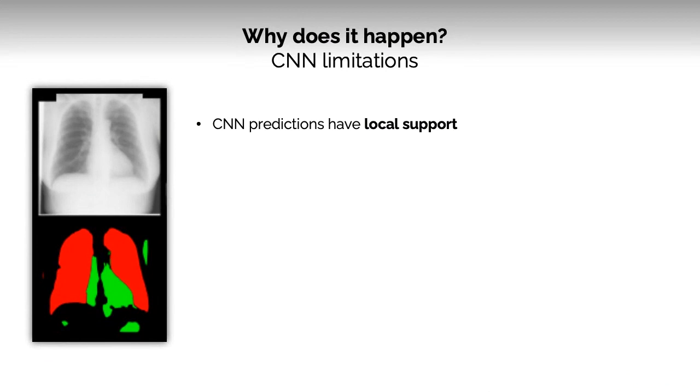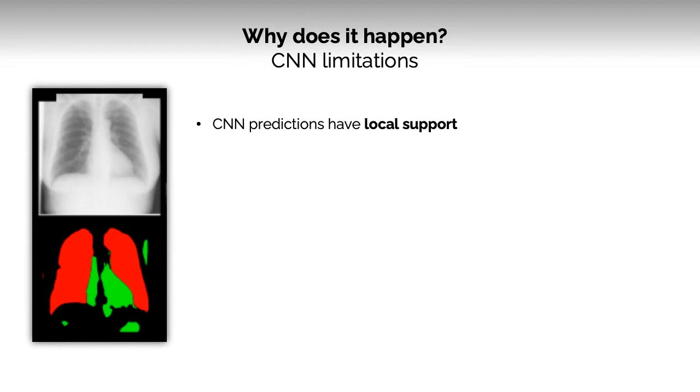When I have the prediction for a certain pixel in the image, the area of the input image that affects that output is what we call the receptive field of this last neuron at the end of the day, and it's local. And that's a property of the convolution, basically. It means that the model is going to be looking at a certain area, but maybe not at the whole image, and so it's formed by a local patch somehow.